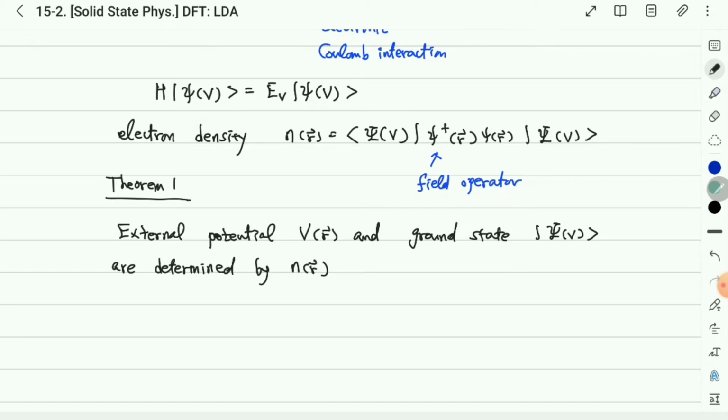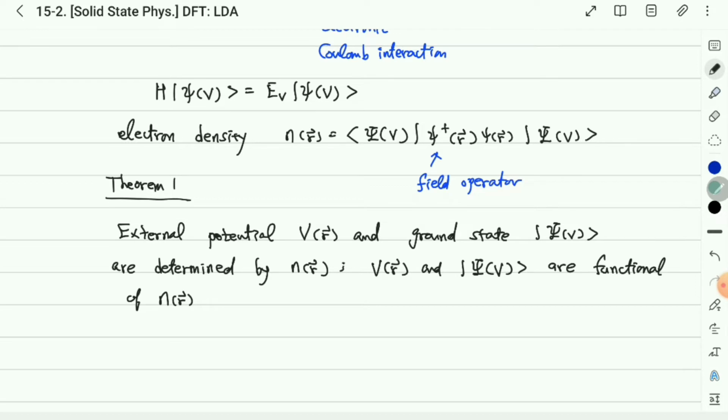It means that V(r) and psi, as a function of V, are functionals of n(r).